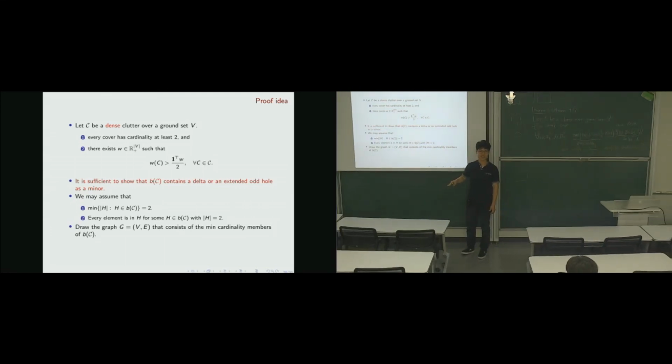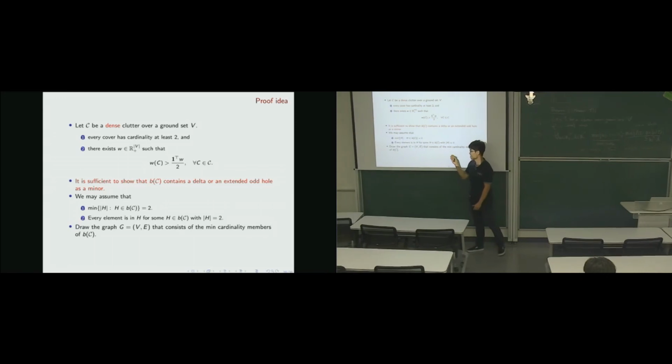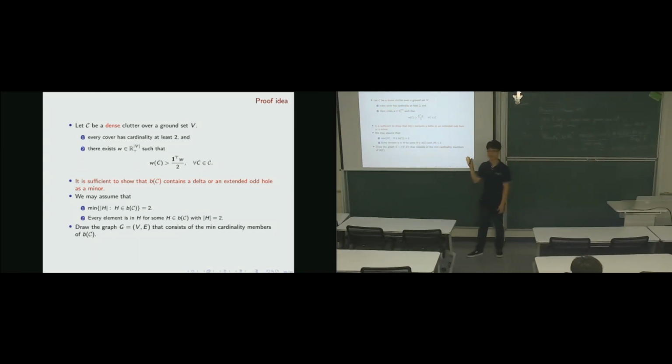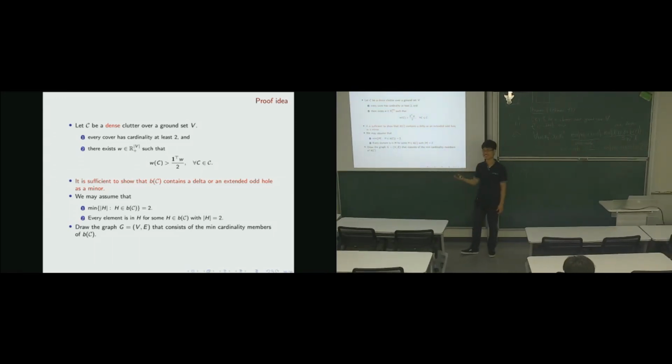By using the second tool, I can say that the graph is bipartite. It's not necessarily true that the graph is connected, but I can assume that it is for now. You can treat the other components separately, but I'm not going to cover that argument. Let's just assume that the graph is connected.